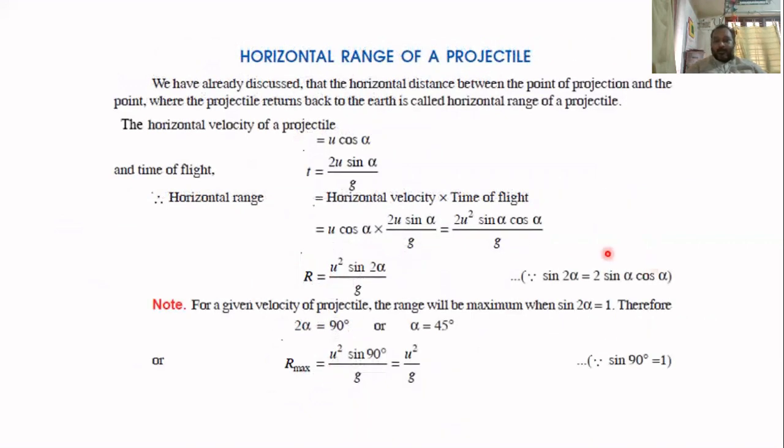And then the horizontal range, that is, the maximum horizontal distance traveled by the projectile. U cos alpha is the horizontal velocity, which is constant, and t is the time duration of flight, and the horizontal range is equal to velocity into time. That's the constant velocity into time, and R is equal to u square sin 2 alpha divided by g.